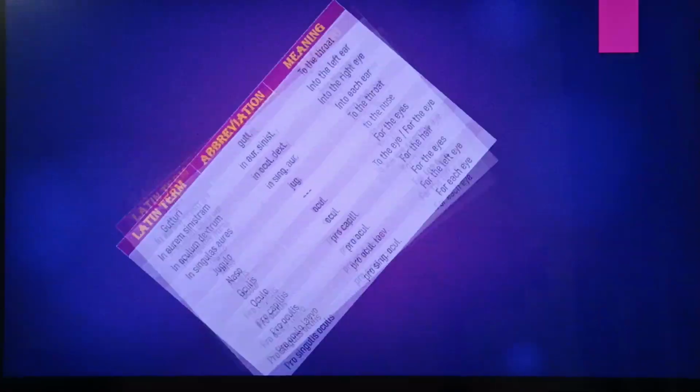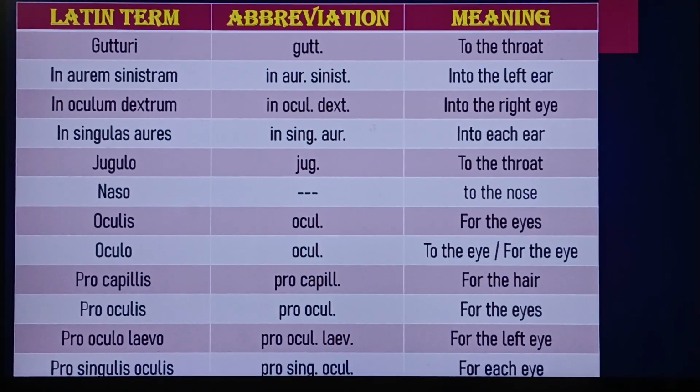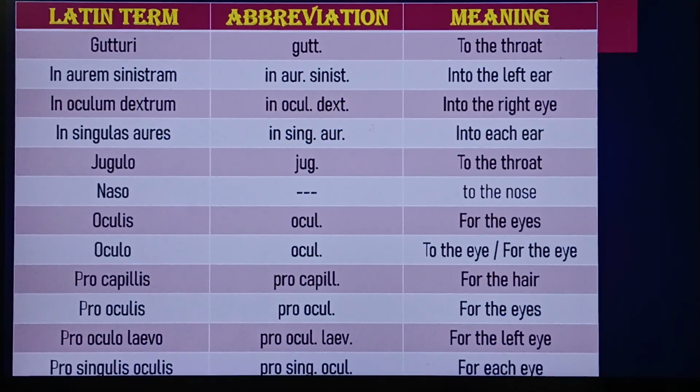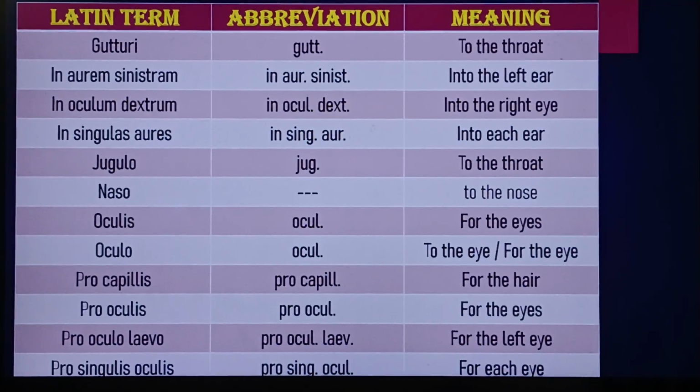Next is gutturi, gutt, to the throat; in aurem sinistram, in aur sinist, into the left ear; in oculum dextrum, in ocul dext, into the right eye; in singulas aures, in sing aur, into each ear; jugulo, jug, to the throat; naso, to the nose; oculis, ocul, for the eyes; oculo, ocul, to the eye or for the eye; pro capillis, pro capill, for the hair; pro oculis, for the eyes; pro oculo laevo, for the left eye; and pro singulis oculis, pro sing ocul, for each eye.